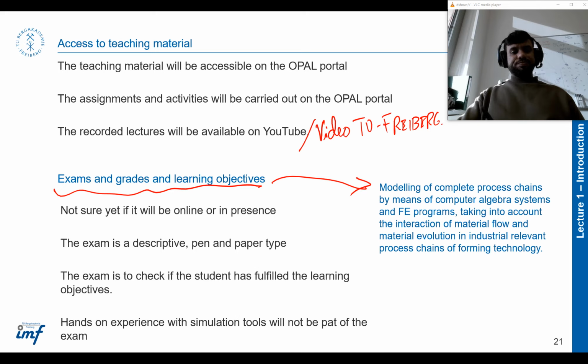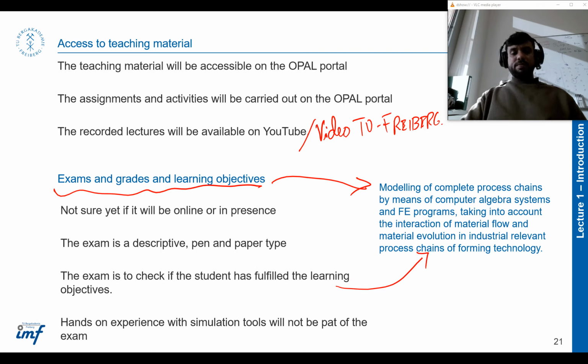So I'm still not sure if the exam will be online or in presence. Generally, the exam is a descriptive exam, and it is a pen and paper type exam. The exam of this course is to check if the student has fulfilled the learning objectives again. We want to check this.